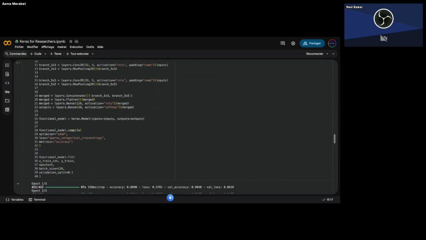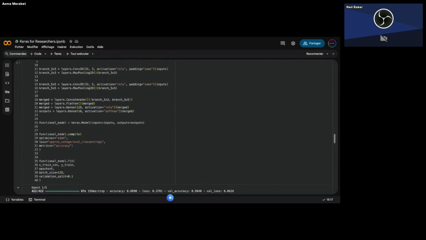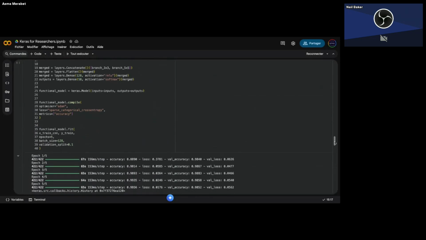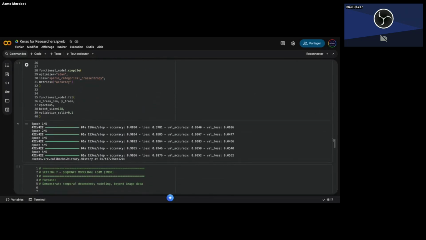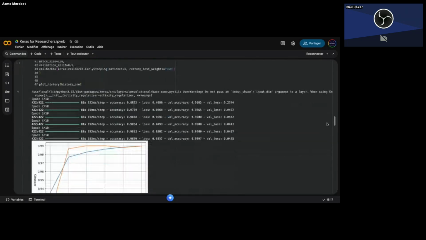For example, here we built branches 3 by 3 and 5 by 5. So it depends on what we want for the architecture. So we need to try, and then we compare the results with the baseline we did before.